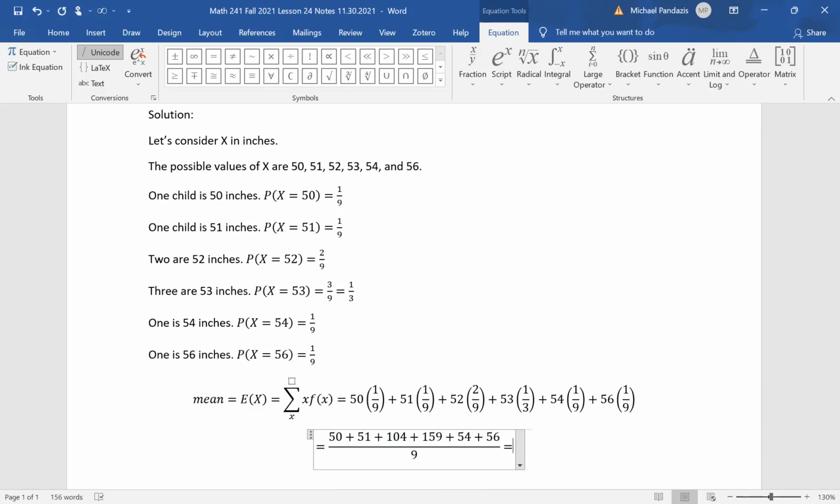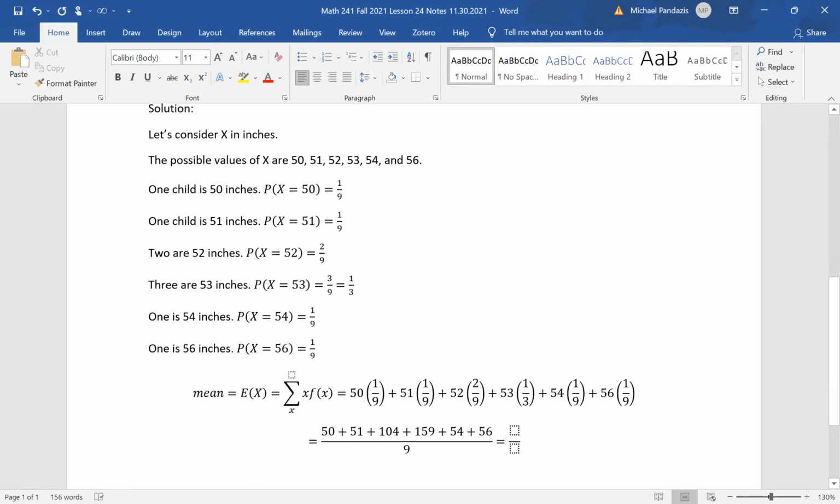Just add up those numbers here: 101, 205, 364, 370, 420, 474 over 9.